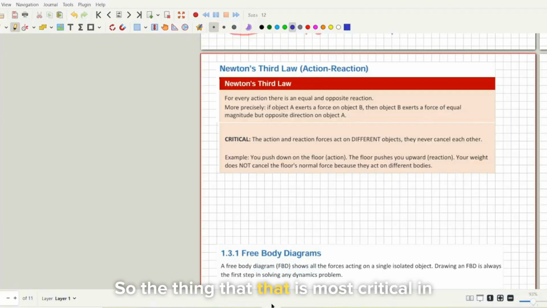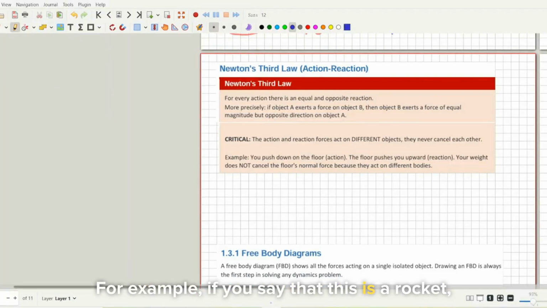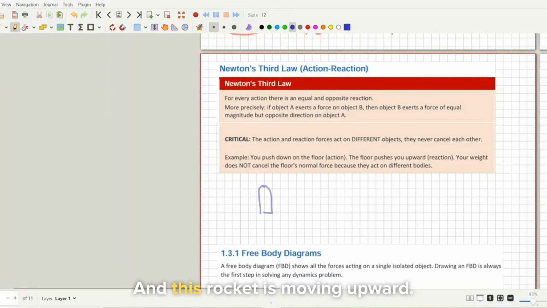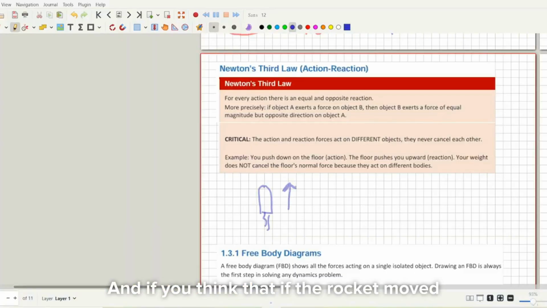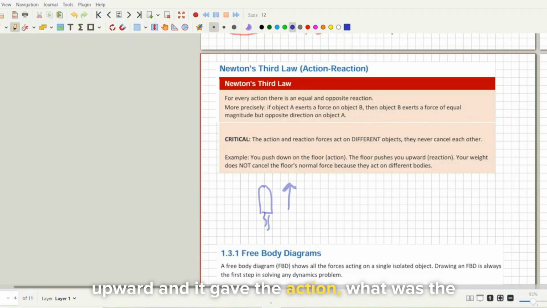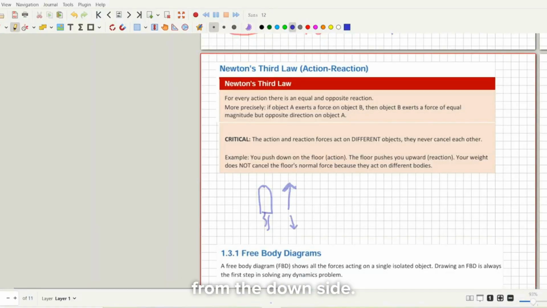The most critical thing in Newton's third law is that the action and reaction always act on different objects. For example, say this is a rocket, and this rocket is moving upward. If the rocket moved upward, what was the action and what was the reaction? The gas came out from the downside.